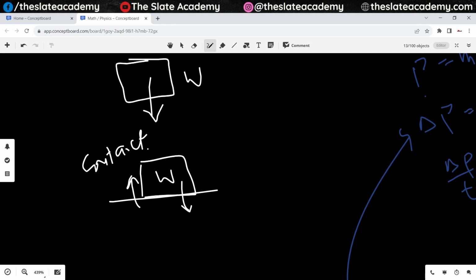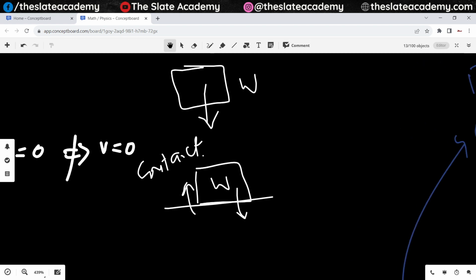Also, sir, we have to remember that if we ever say that acceleration is zero, this does not automatically imply that velocity is also zero. A moving body can also have zero acceleration.